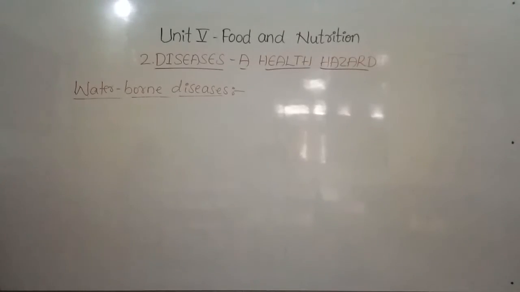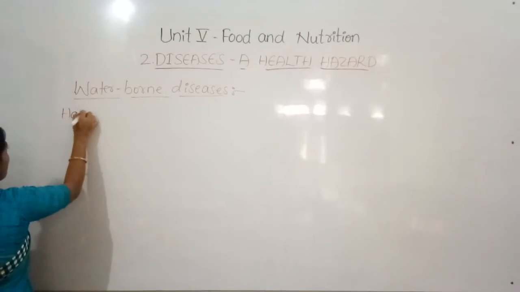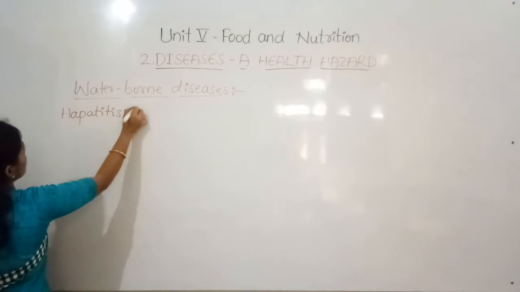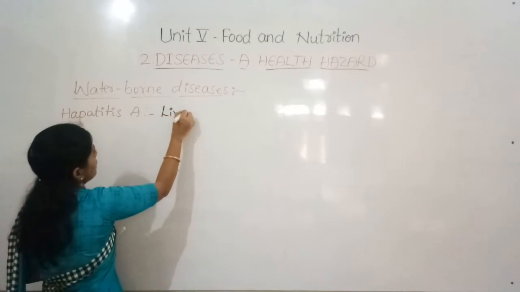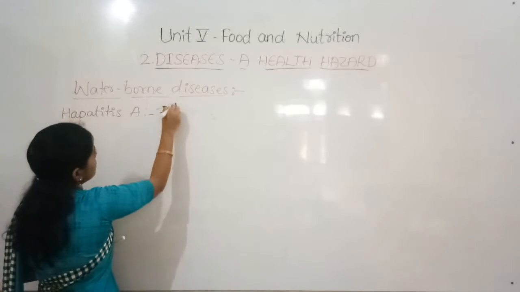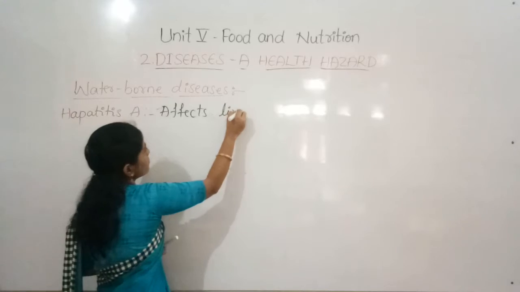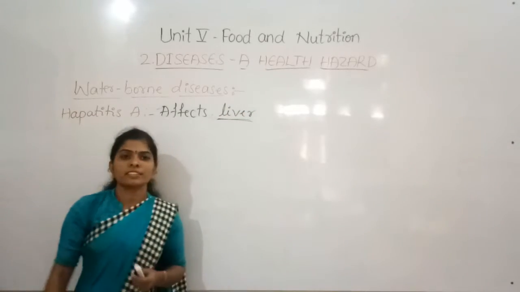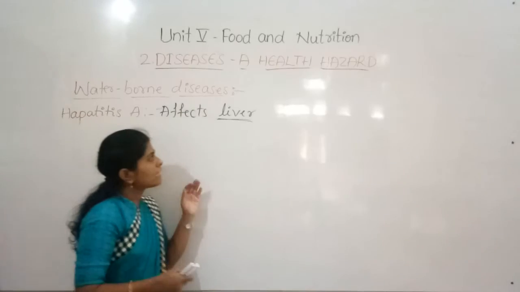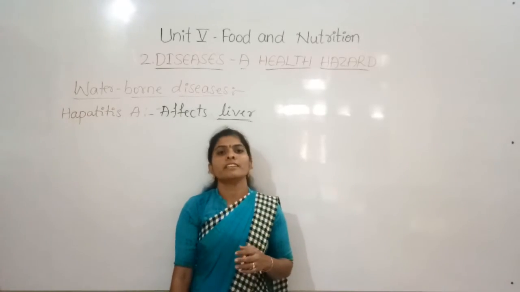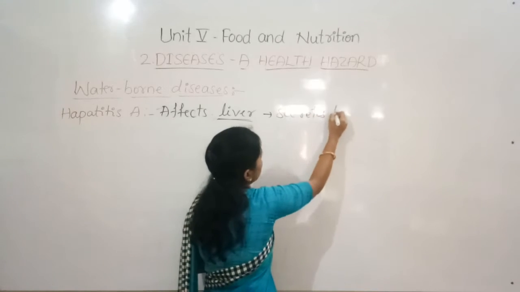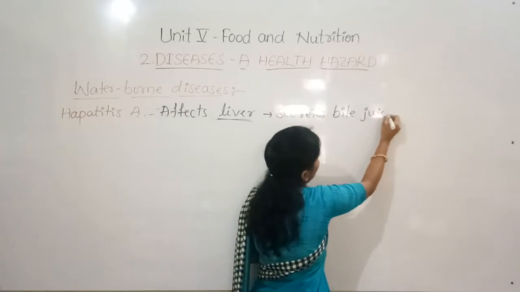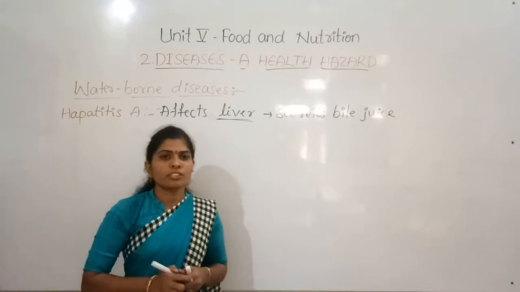And hepatitis A affects our liver. The liver is the largest gland in our body, and it secretes a digestive juice called bile juice, which is helpful for the digestion of fats.